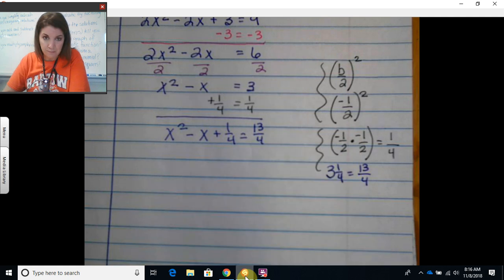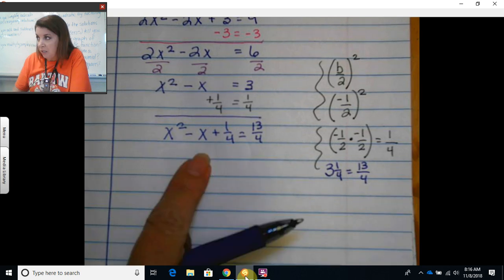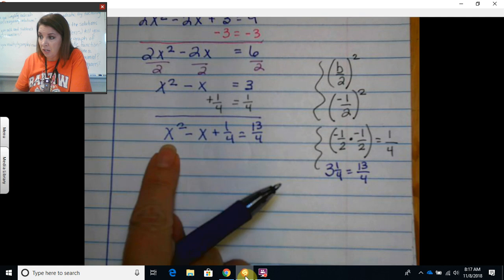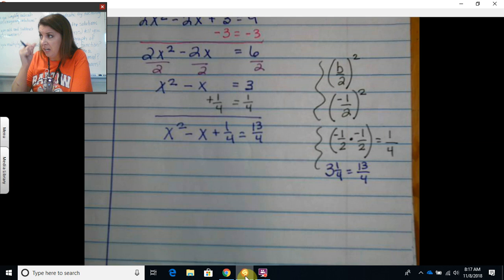Now, you're thinking, this is supposed to be a perfect square trinomial that we just created, but there's a fraction there. Okay, but if we did this correctly, it's a perfect square trinomial. What is the square root of x squared? X. What's the square root of 1/4? 1/2. You know 1/2 times 1/2 gave you 1/4. Well, negative 1/2 times negative 1/2.